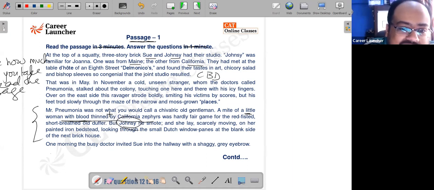So if I combine the first two sentences together, they are implying that John C is the person whose blood was thinned by California zephyrs. So from this paragraph, I can identify that it was John C who was from California. Based on the third paragraph, I can say that John C was from California.